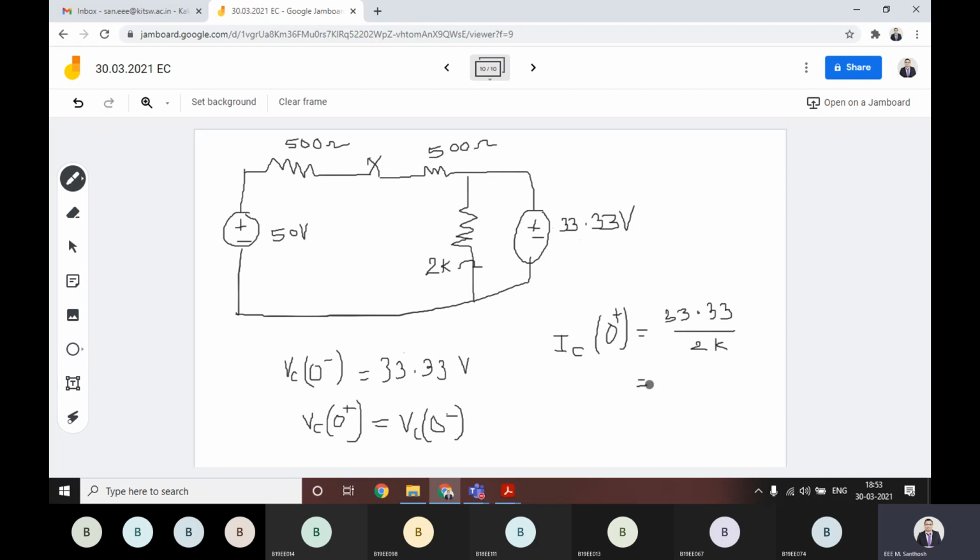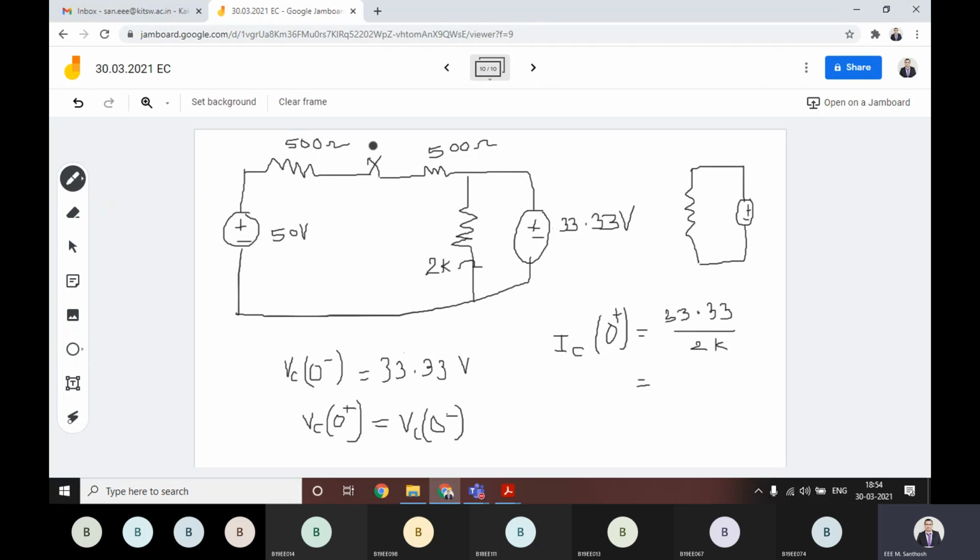Directly you will have the value of IC 0 plus. This circuit will be converted like this only, simply a 2k resistor and a voltage source. This is at 0 plus.